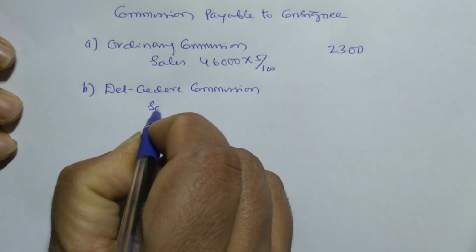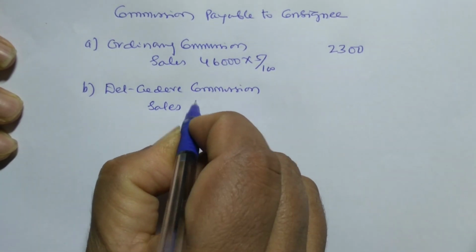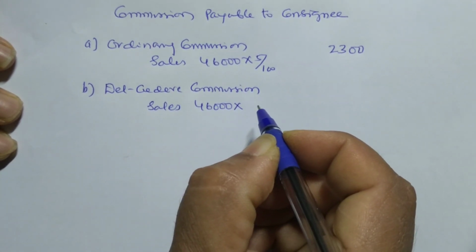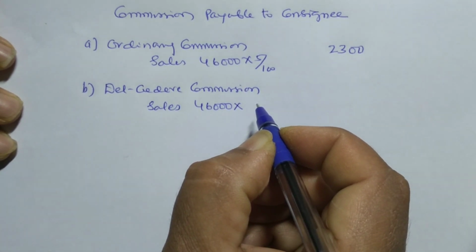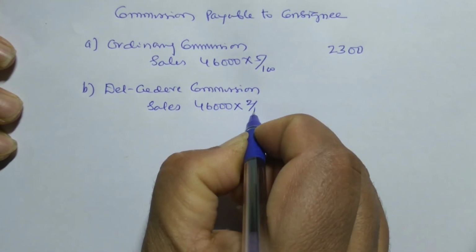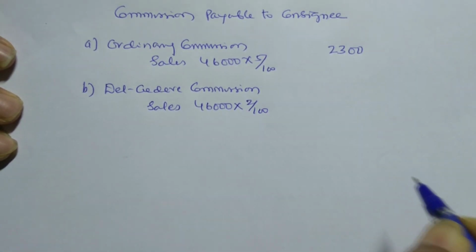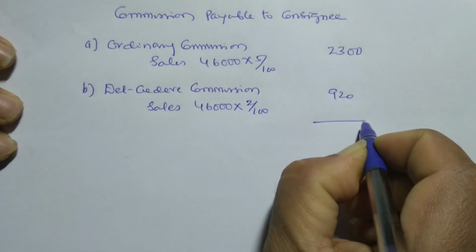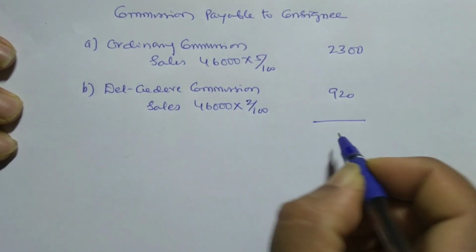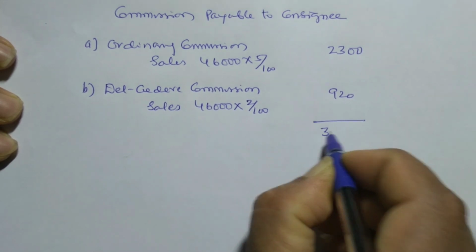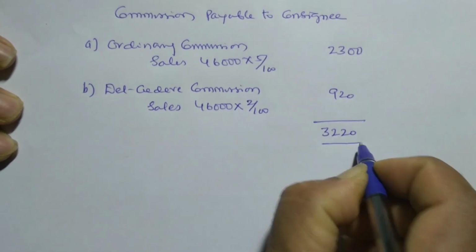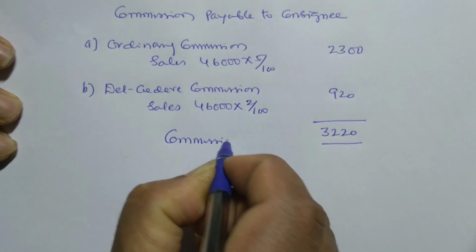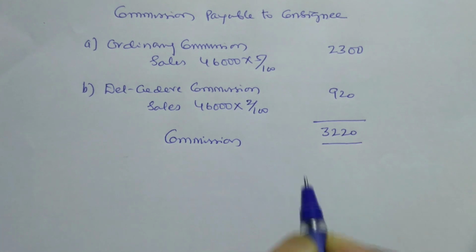That is also based on sales. Here 46,000 sales, that percentage is 2%. It is 920. So 920 plus 2300 becomes 3220. This is the total commission payable to the consignee for his sales.